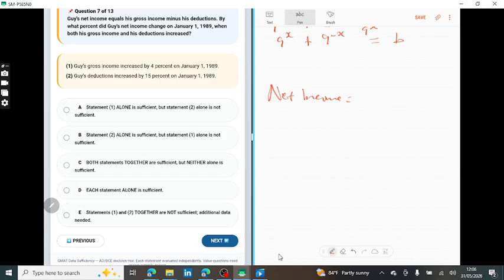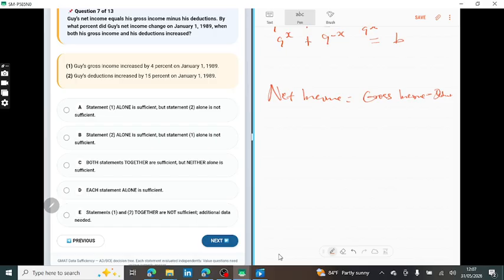But here, net income is gross income minus deductions. Segment 1 is talking about gross income, so we need deductions, not sufficient. Segment 2 is talking about deductions, we need gross income. When combined together, they are still not sufficient.